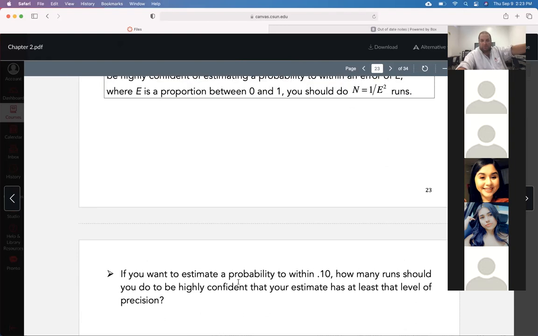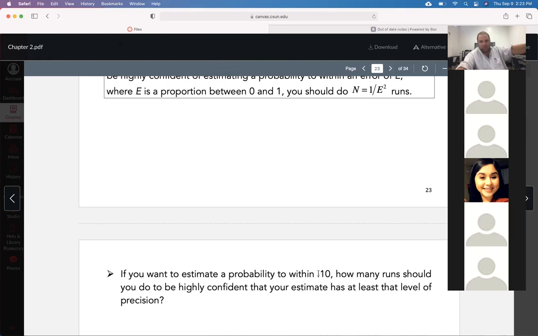So if you want to be within 0.1, not 0.01 like we talked about, how many runs should you do to be highly confident that your value is within 0.1 of the true value? And someone chatted and said, no, not 10,000. 10,000 is for 0.01. We did that math earlier.